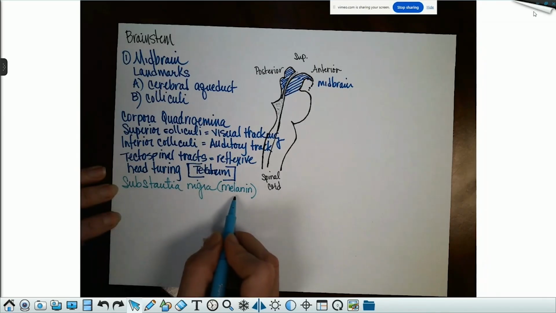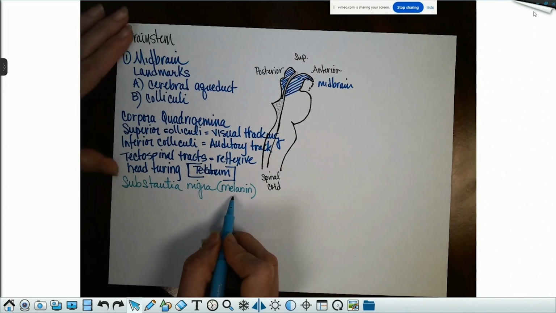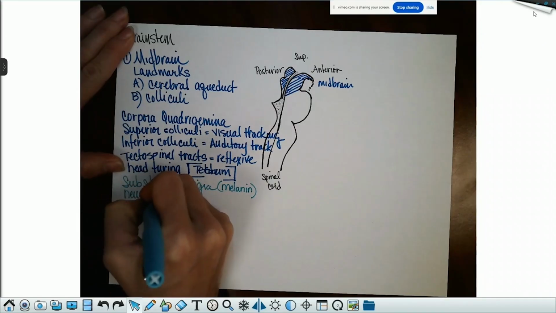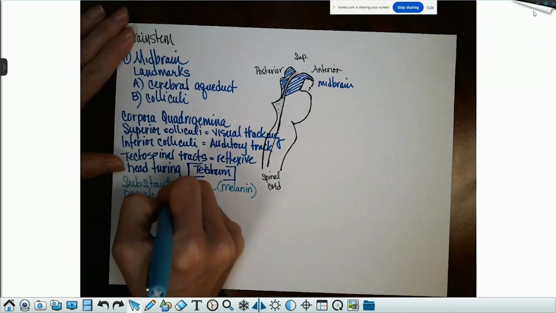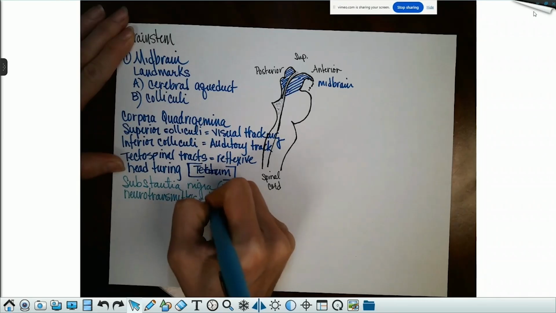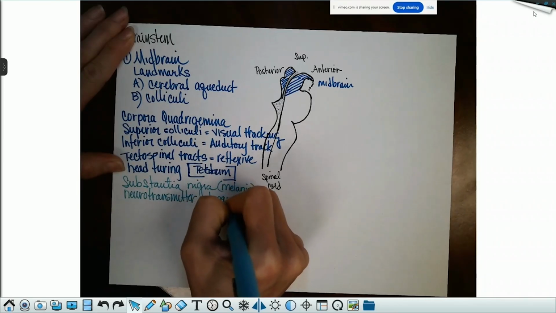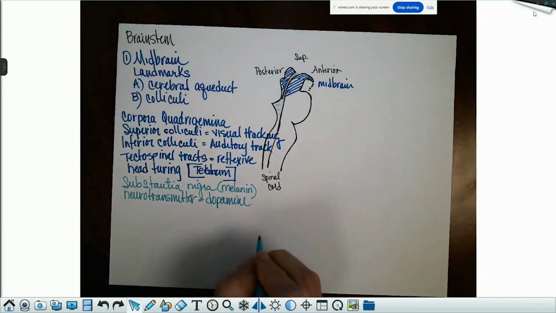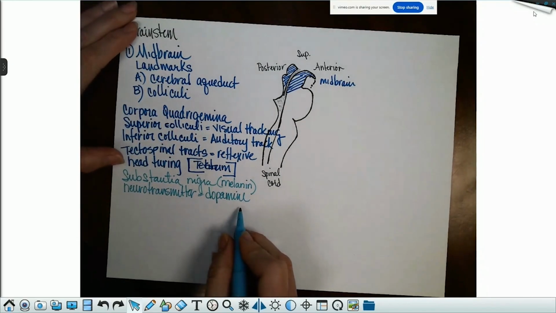When someone has Parkinson's disease, this part of the midbrain is not functioning correctly. There is a neurotransmitter that is produced and used in this very particular part of the brain called dopamine.